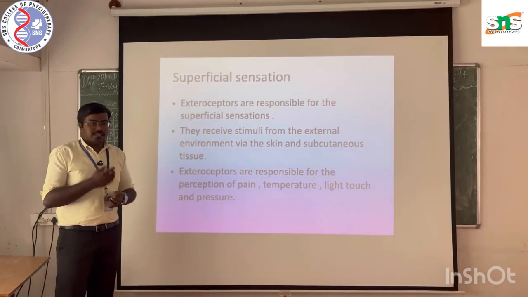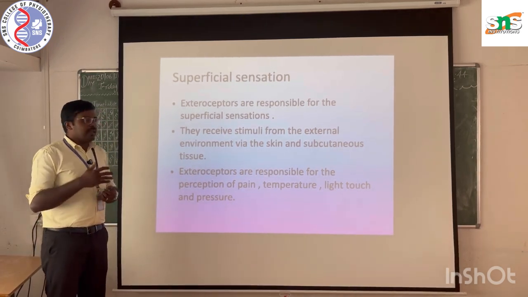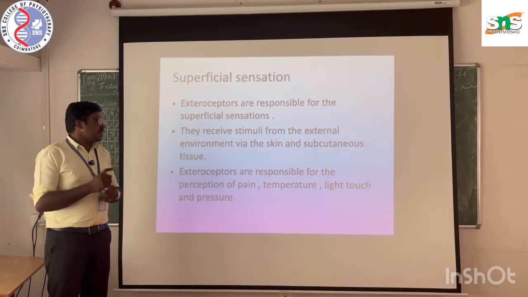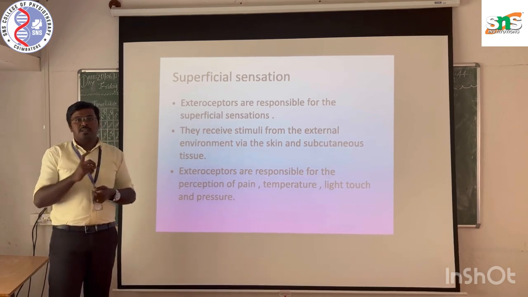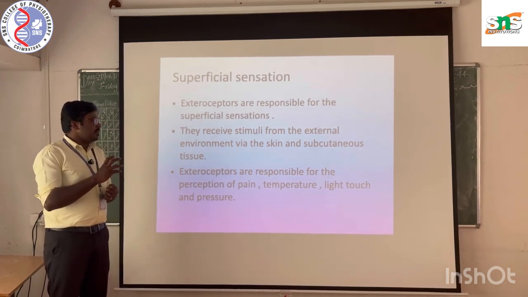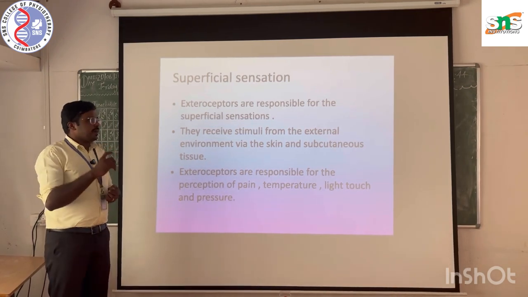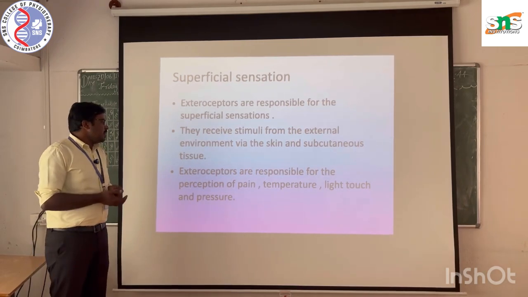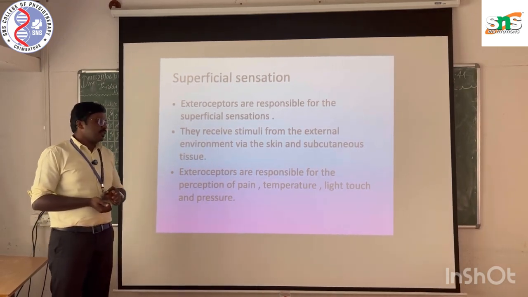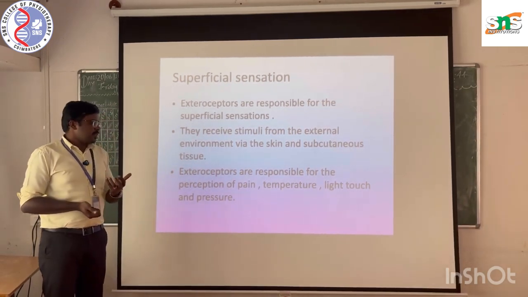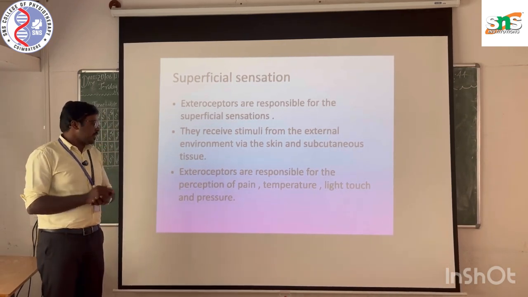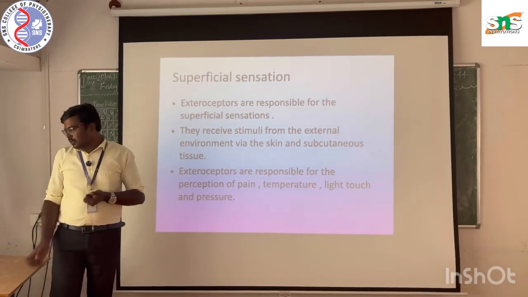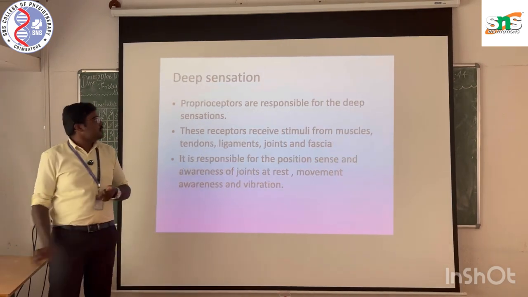These receptors receive stimulation from the external environment, that is the skin and subcutaneous tissues, and respond to the brain centers. These receptors are responsible for perceptions like pain, temperature, light touch and pressure. These sensations are also called superficial sensation.